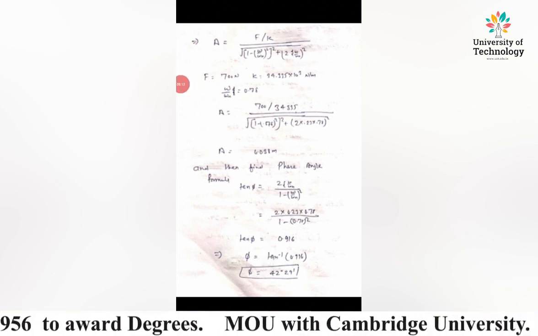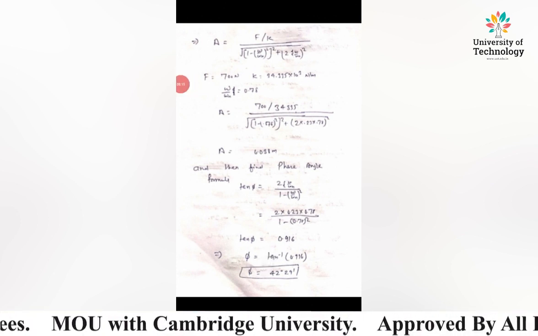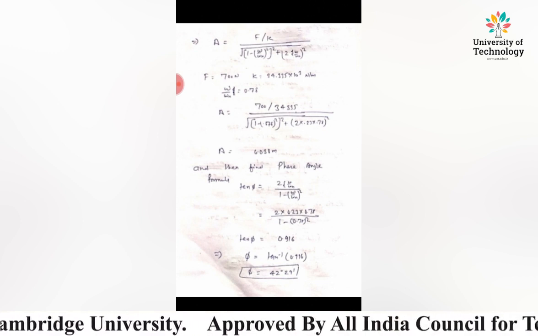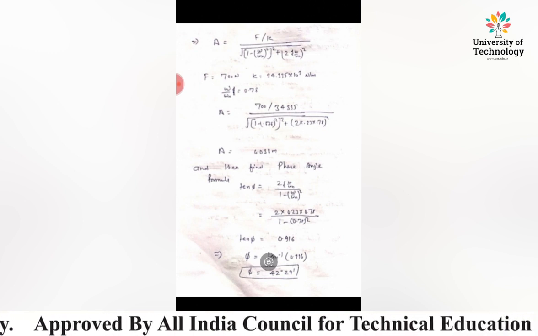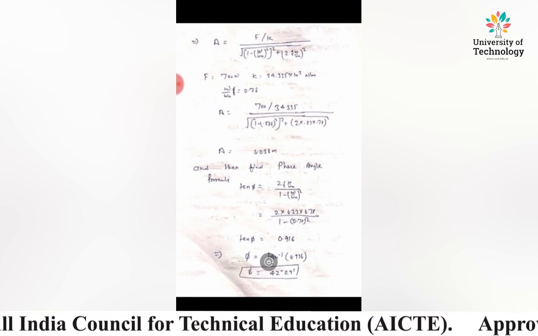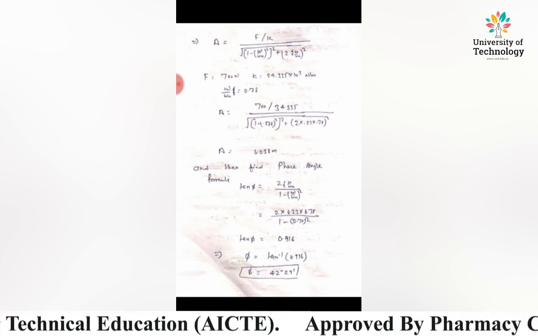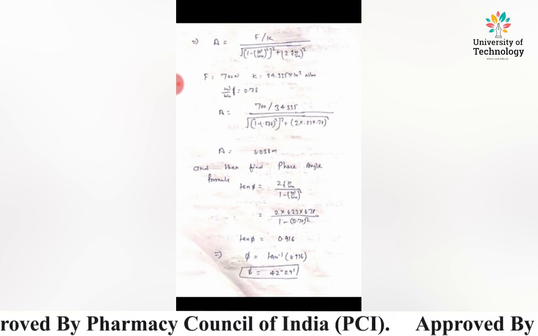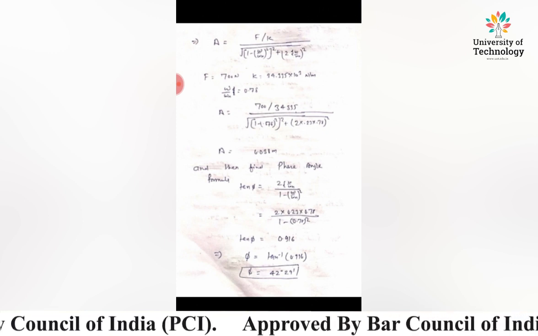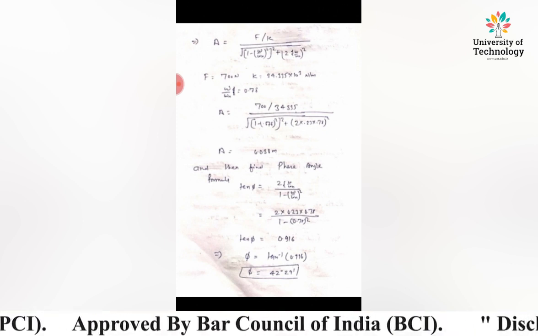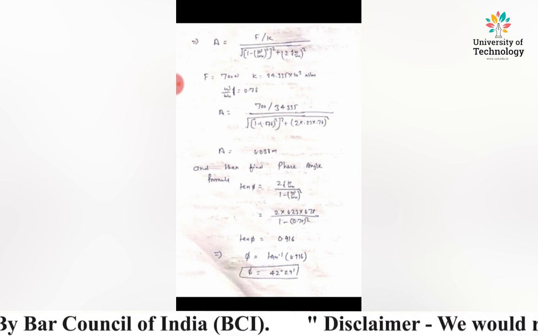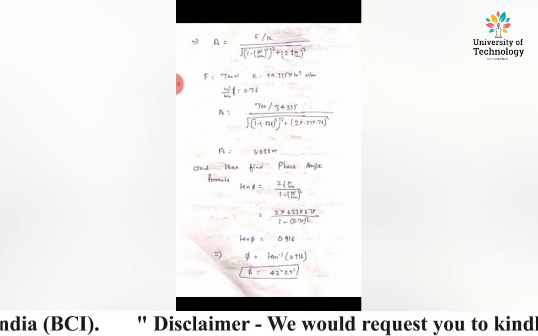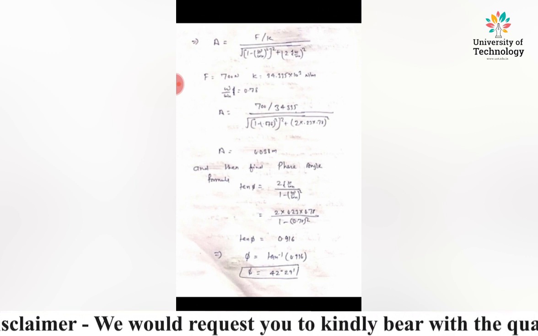We have the value of force, that is 700 Newton, and the value of k is equal to 34.335 into 10 to the power 3 Newton per meter. And the ratio of omega by omega n is 0.78.